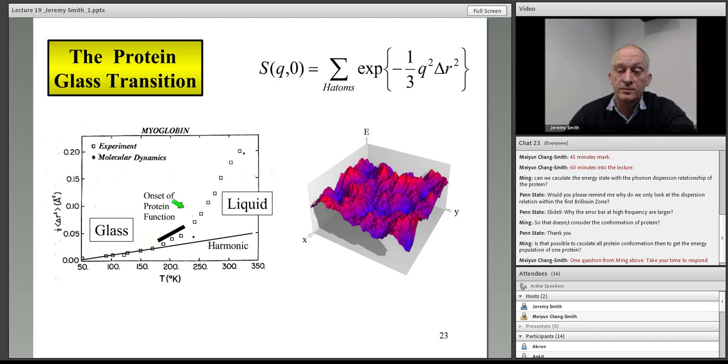The other thing that's been interesting is that in some cases at least, proteins start functioning at this temperature roughly where one sees the onset of the transition from a glassy to a liquid state. Now, let's think about this glassy state, and in doing that, one can answer Ming's question, which I'll repeat in a minute.